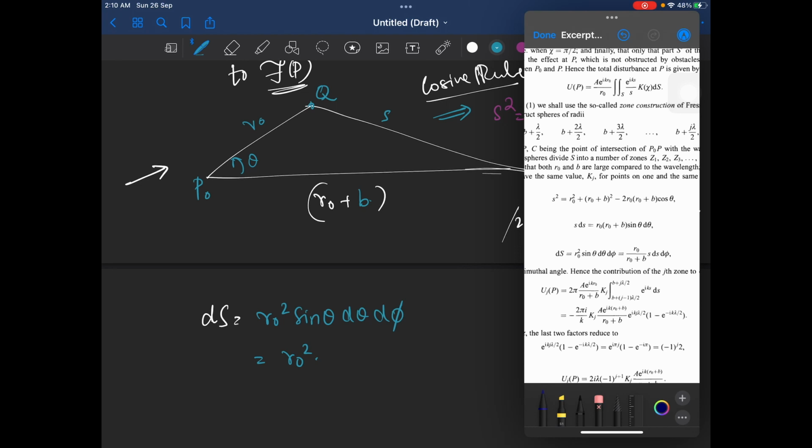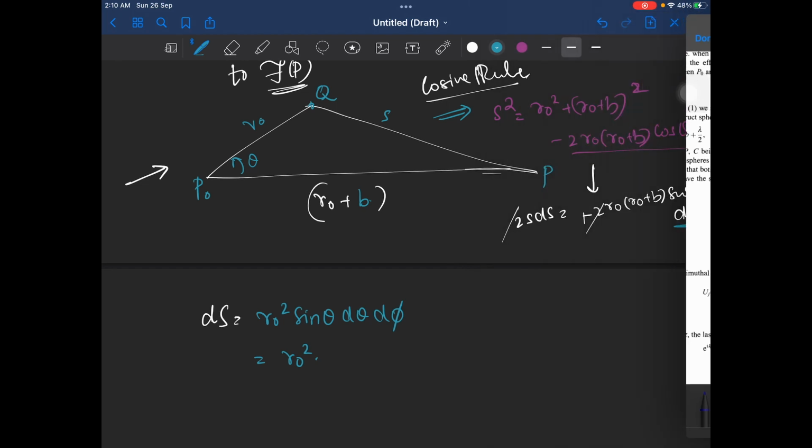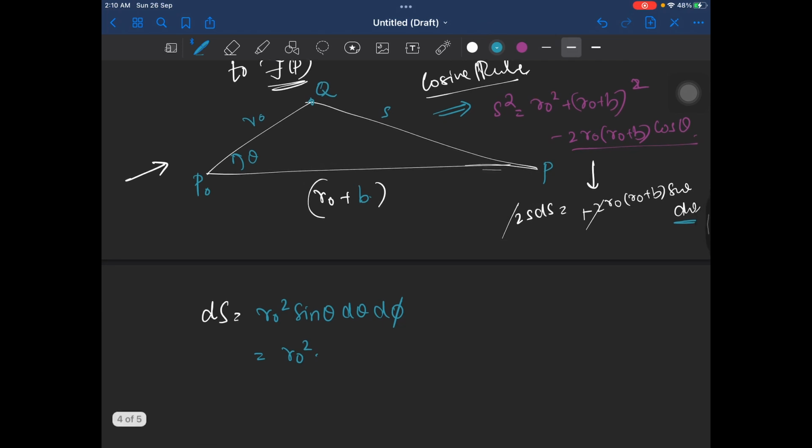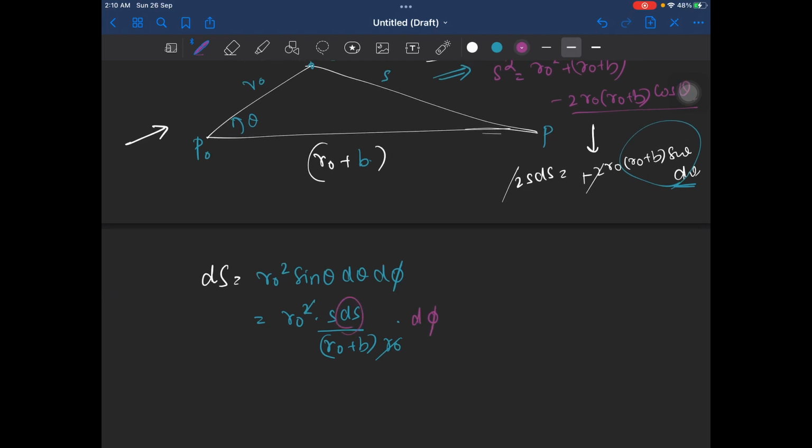And the d theta is s ds by r naught plus b times r naught times d phi. This is important for us.